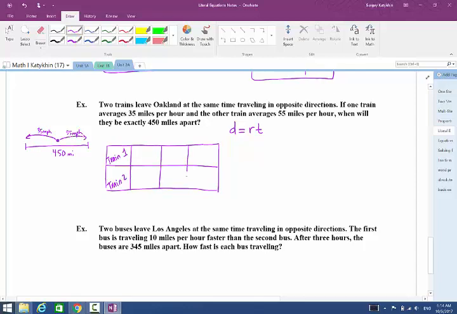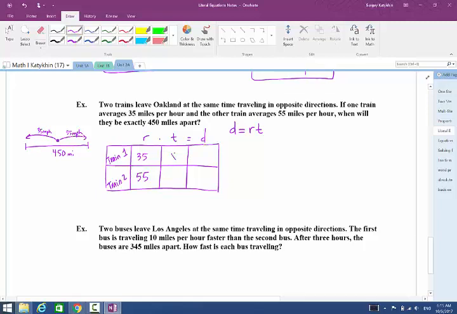Now we're using this equation, r times t is equal to the distance. So r represents rate. We know the first train is going 35 miles per hour. We know the second train is going 55 miles per hour. Time, we have no idea. The question is, when will they be exactly 450 miles apart?